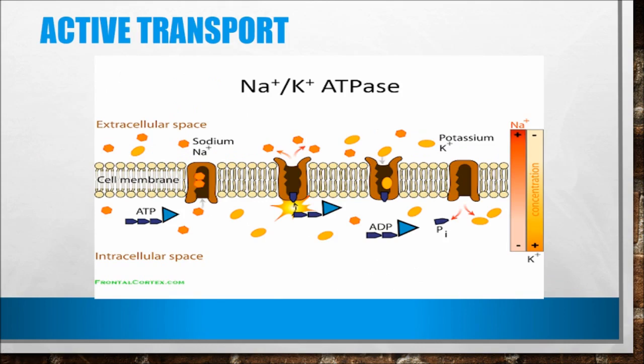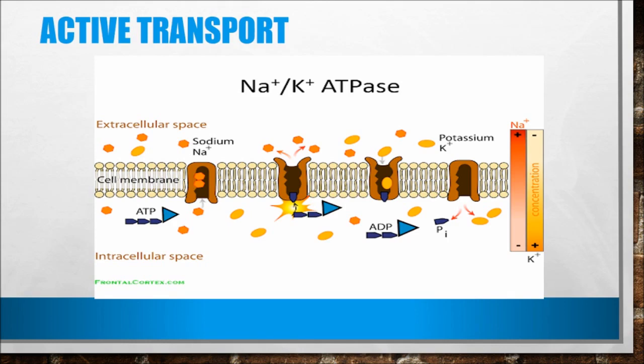The next place where we use energy is active transport. Active transport is a movement of ions and molecules against their concentration gradient across the membrane, from lower concentration to higher, by using energy.